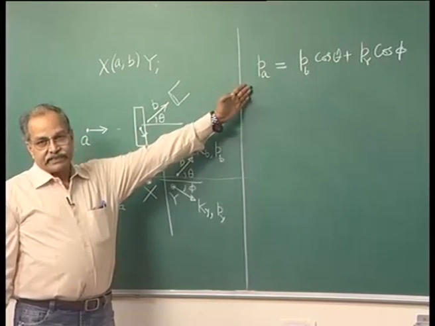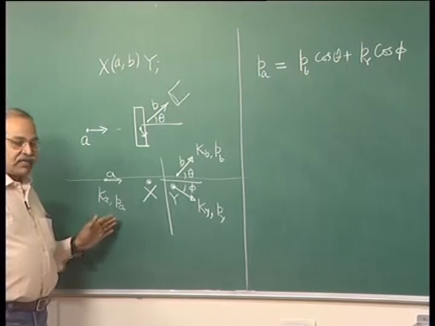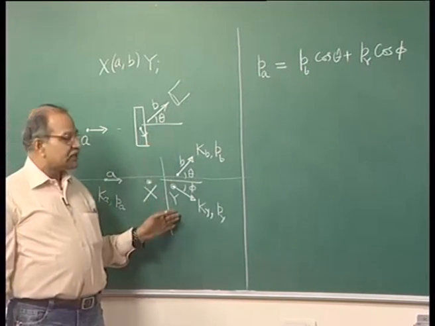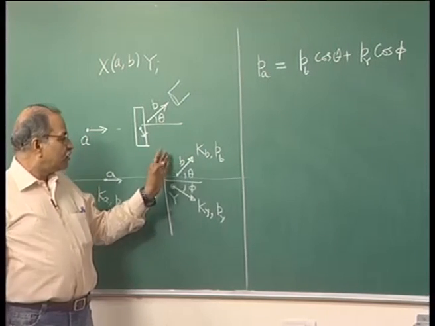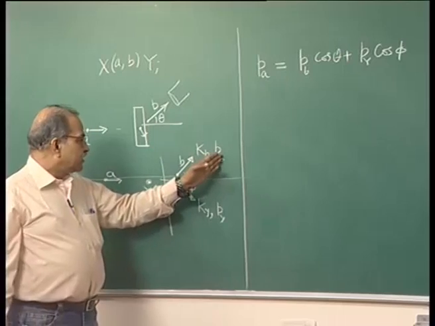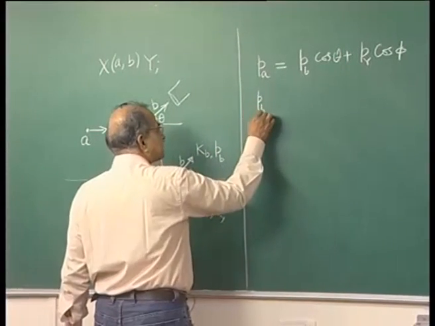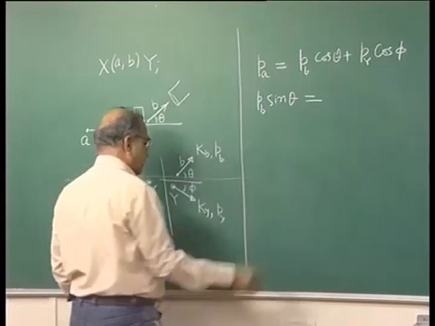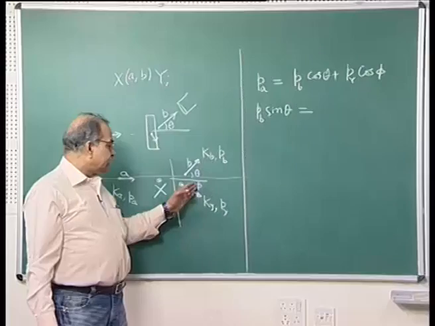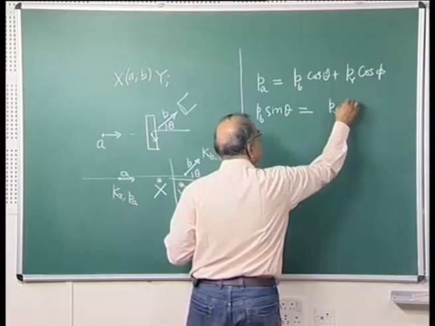In the y direction there is no initial momentum, and therefore the total linear momentum in the y direction should be 0 after the event. So, if I take the y components, we will have P B sin theta, that should be equal to P Y sin phi.